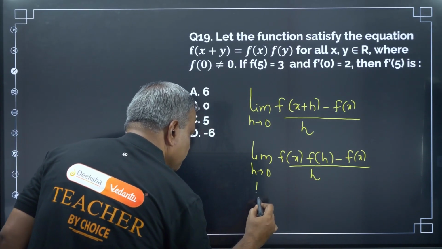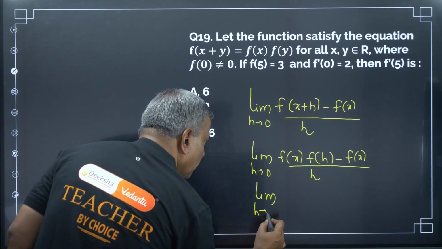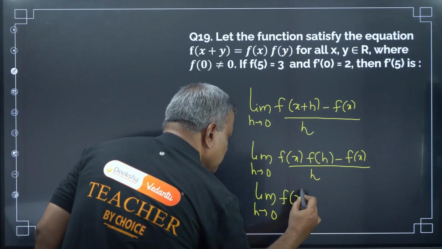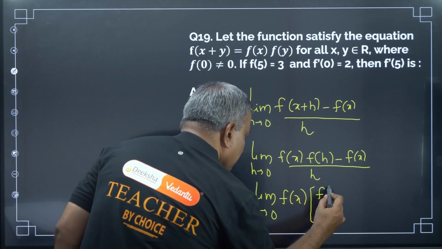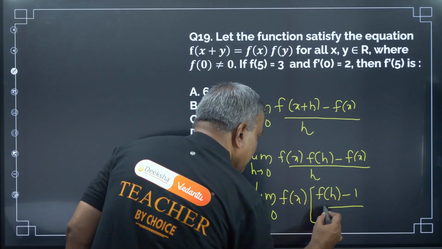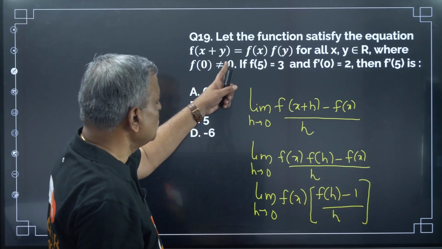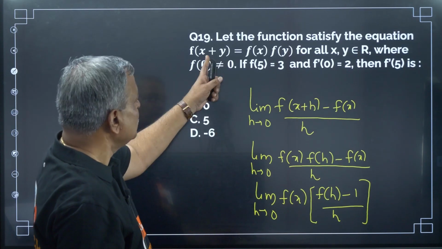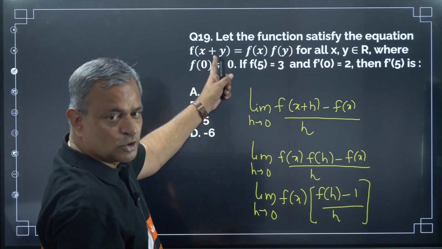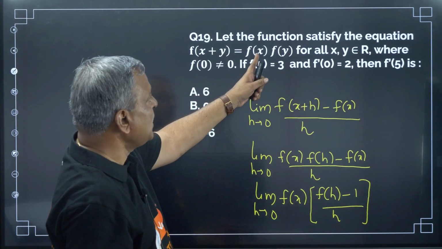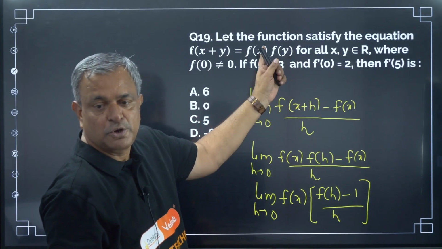This gives limit h tending to 0, f(x) is out, and what is left over is f(h) minus 1 by h. Now, if I put x equal to 0, y equal to 0, f(0) equals f(0) square. It means f(0) is equal to 1.